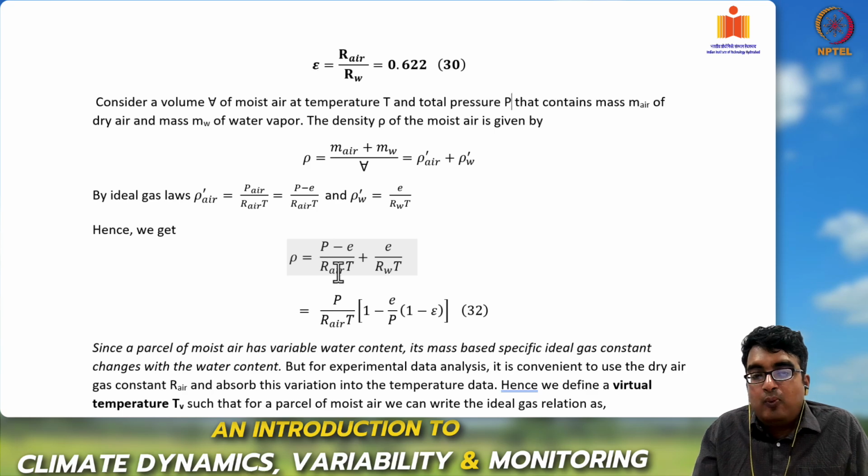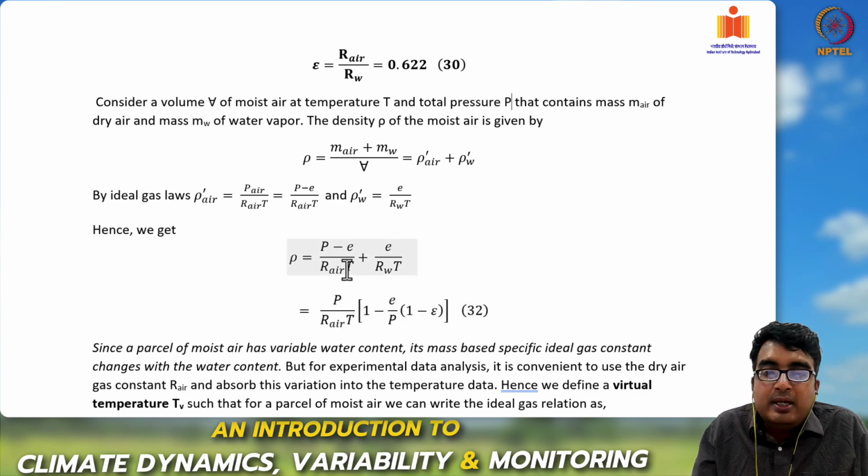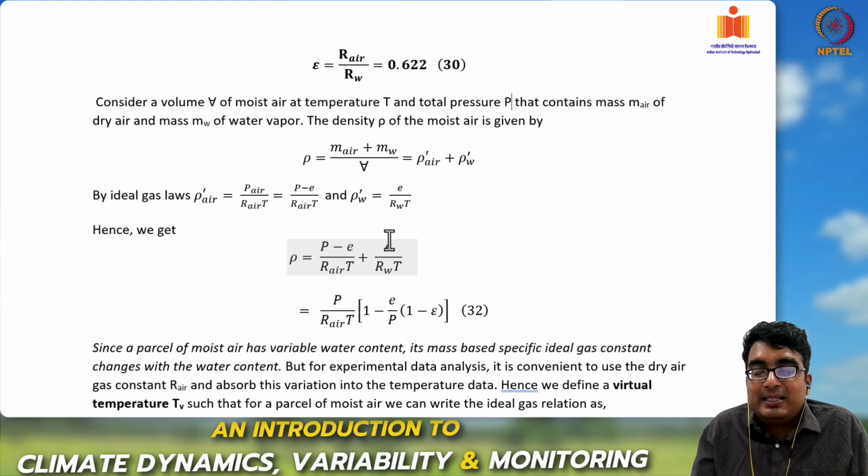Then what we get is minus E by P. Then the second term is E by P into Rw by R air, which is epsilon. So it becomes E by P into epsilon.